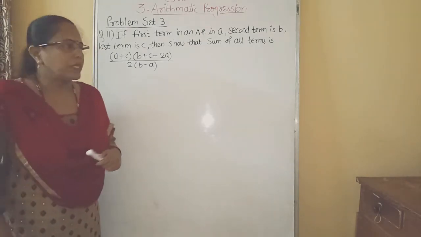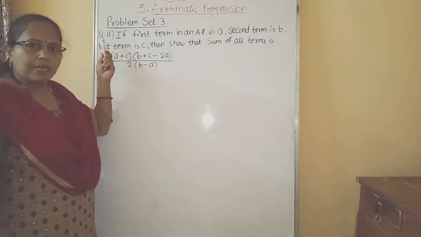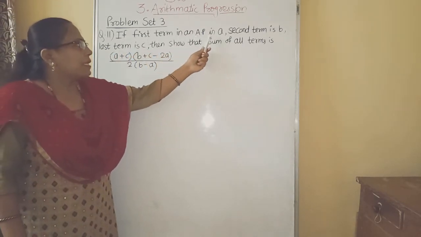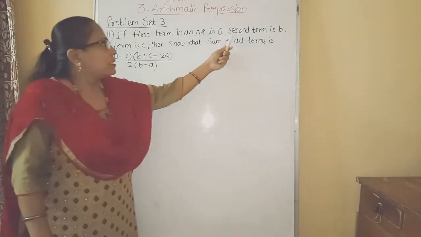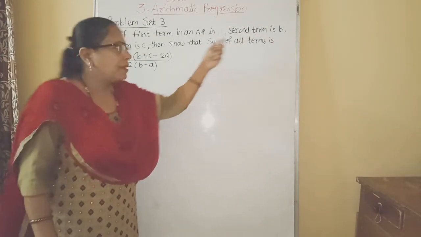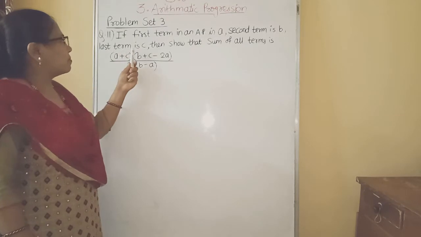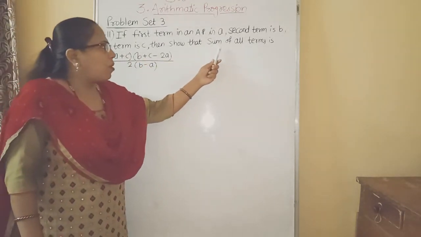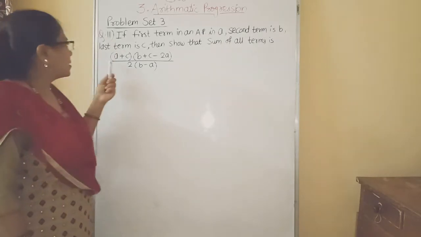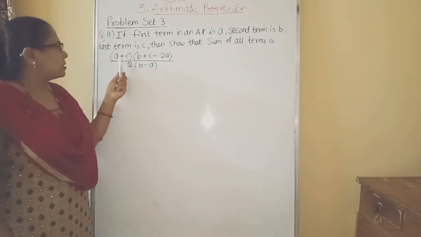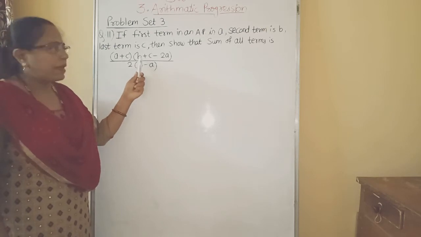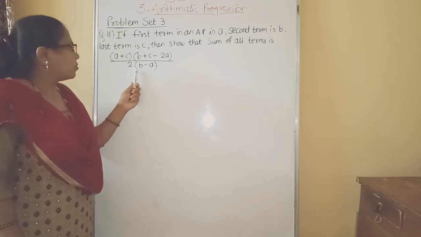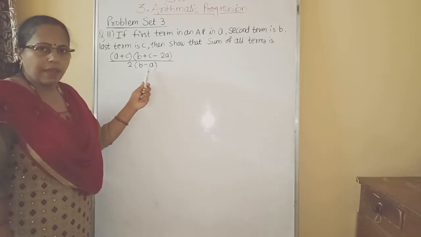One different type of question. Question number 11. If the first term in an AP is A, the second term is B, and the last term is C, then show that the sum of all terms is (A plus C) into (B plus C minus 2A) upon 2 into (B minus A).